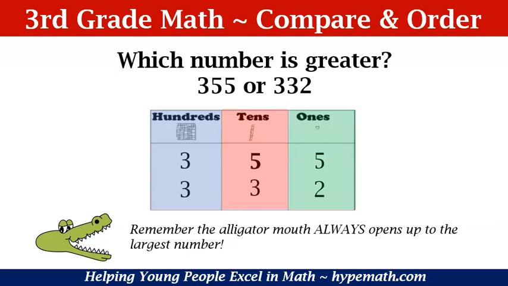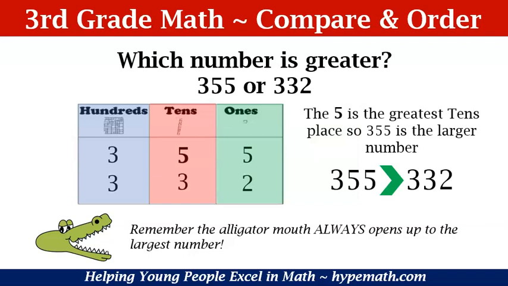So we need to move to the tens place. In the tens place, yes, our numbers are different. We have a 5 and we have a 3. So which number is greater, 355 or 332? If you said 355, you again are absolutely correct.